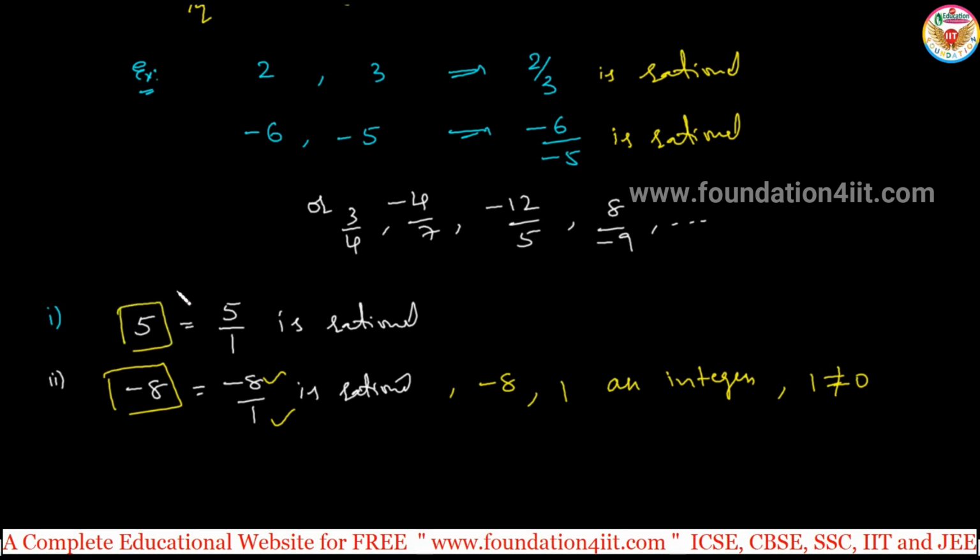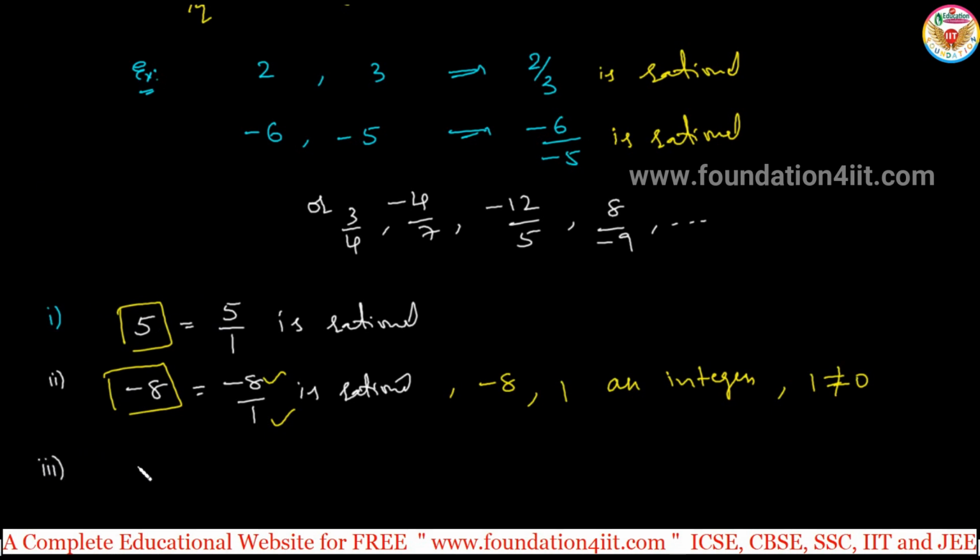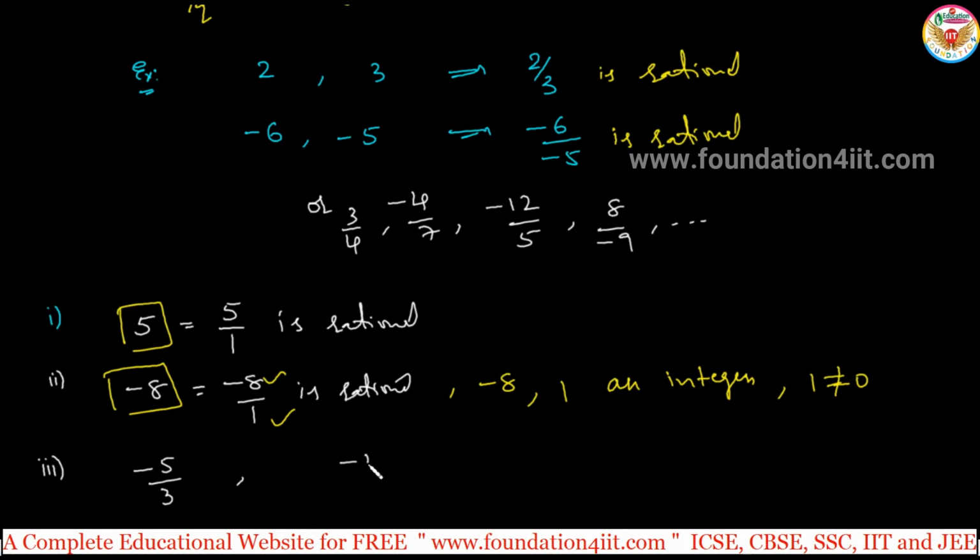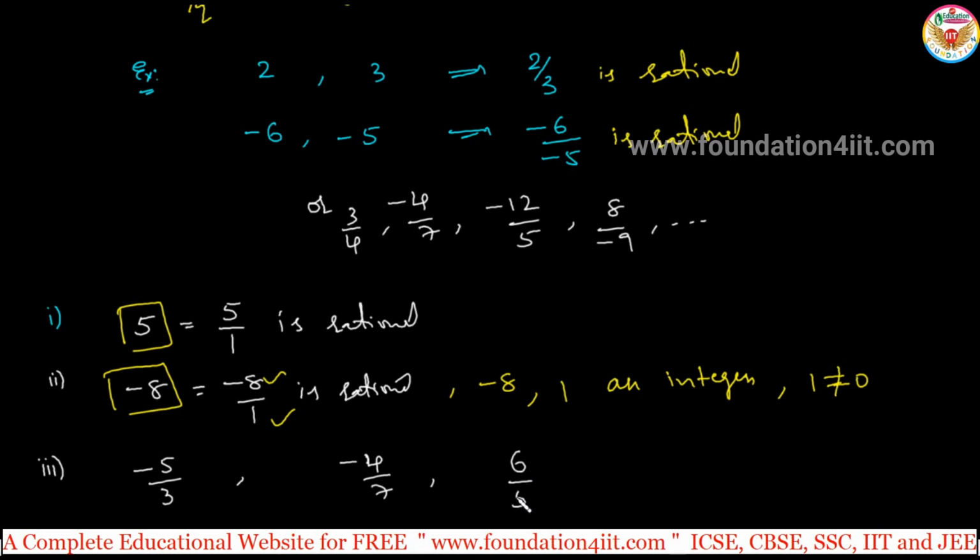So the rule is every integer is a rational number. But the reverse, the converse: every rational number need not be an integer. See this example. Minus 5 by 3 is a rational number, but it is not an integer. And minus 4 by 7, or you can take any example, 6 by 5.